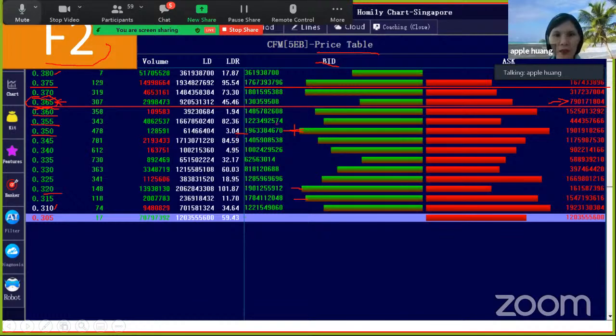Then the next is this one, the fourth highest bid volume, traded at 37 cents. All right, so you can do the vertical comparison with this price table.